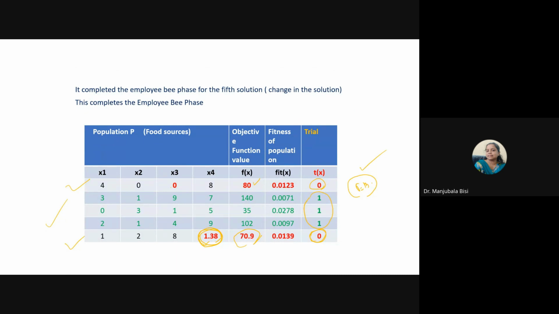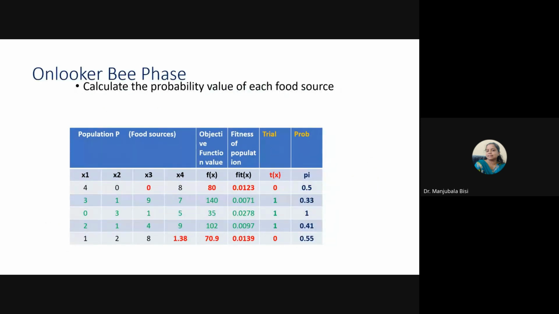As I told, before doing the onlooker B phase, you have to determine the probability value of each food source, right? So the probability, some formula I told you, right? 0.9 into fitness by maximum fitness, plus 1, right?